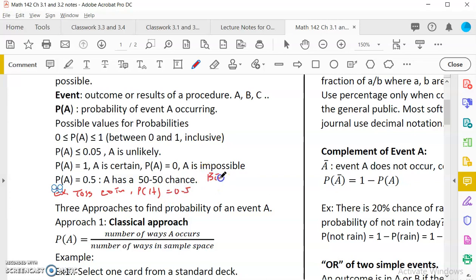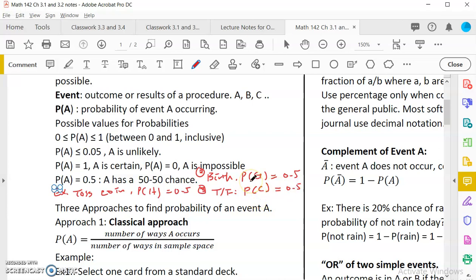Birth of a girl: the probability of a girl is also 0.5. The third one that usually shows up in probability questions is when you guess a true-false question, and you are doing random guessing. If you know it, of course, you would be certain to get it right. But the probability that you get it correct is 0.5 if you're guessing.